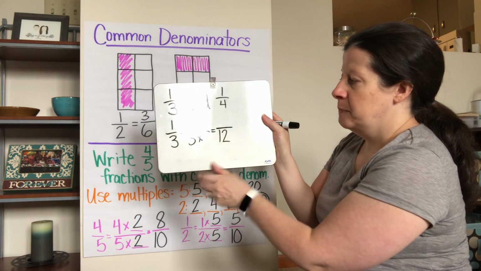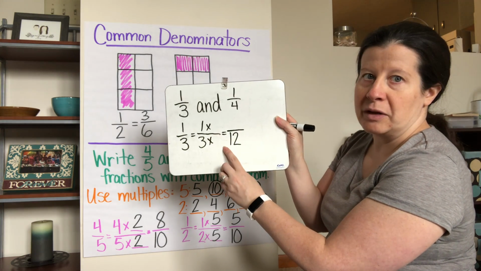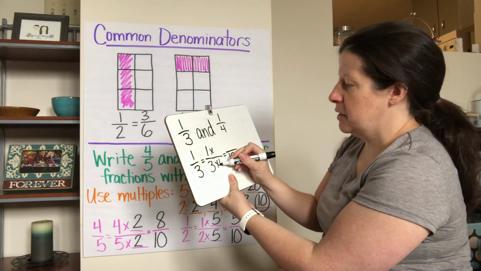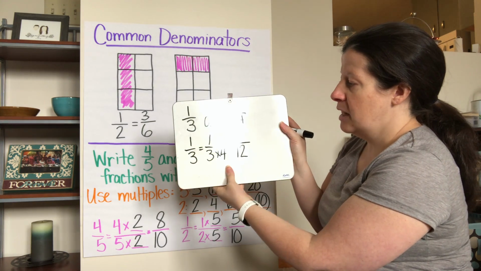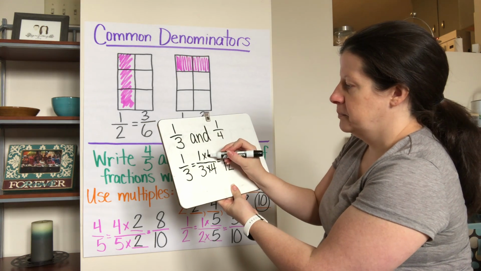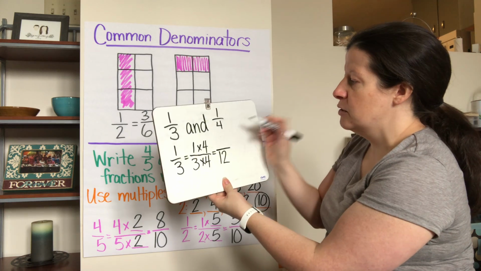So to help us out, 3 times what number would equal 12? It'd be 3 times 4, right? So now I need to multiply my numerator by 4 too. 1 times 4 equals 4.